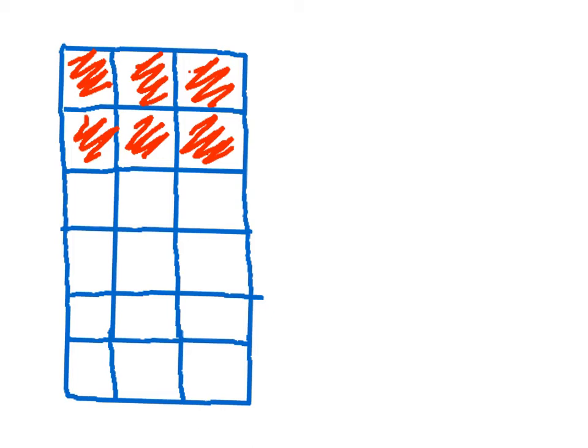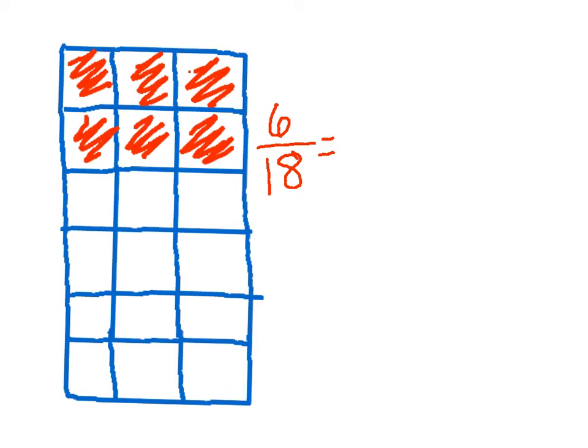So I'm going to count my total number of parts. I have 1, 2, 3, 4, 5, 6 in each column, so that'd be 6, 12, 18. My total number of parts is 18. The number of parts that I have shaded is 2, 4, 6. I see 6. So counting by ones, I have 18 boxes in all and 6 are shaded.